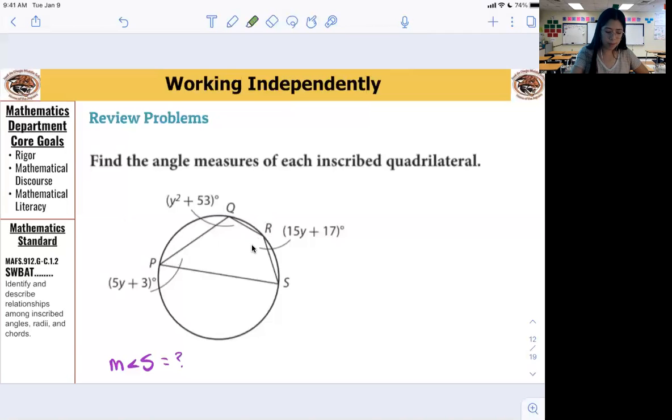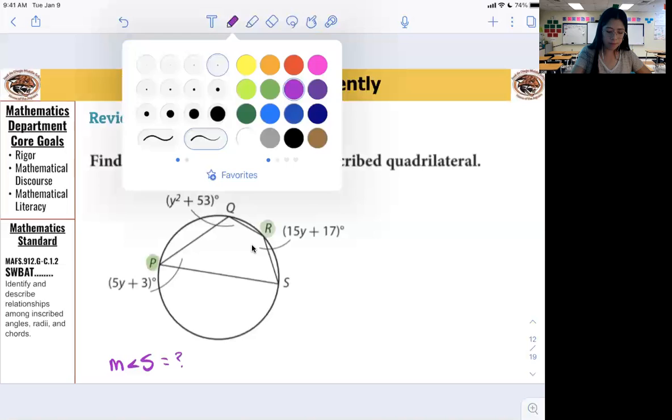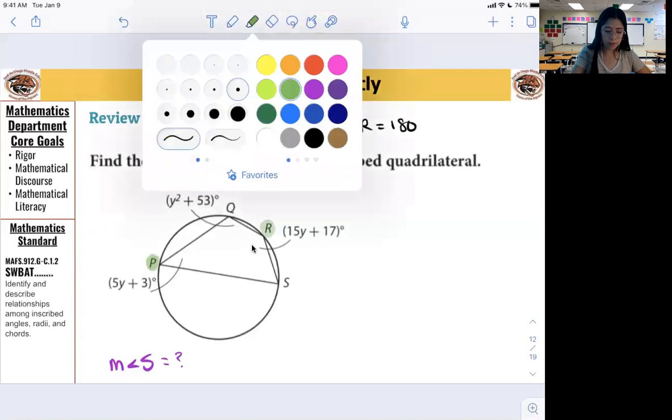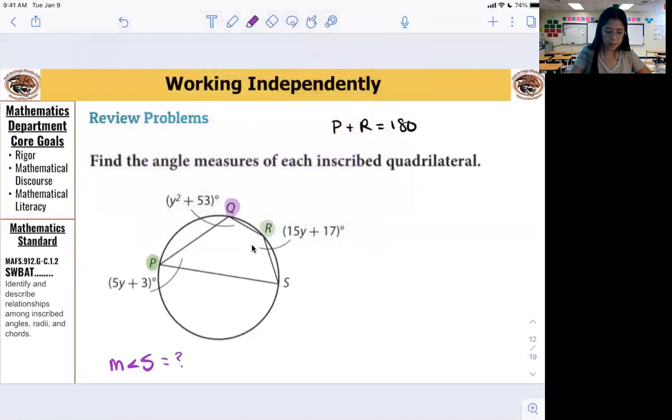Opposite angles are supplementary. So P and R equal 180, and then Q and S equal 180. So that's the first relationship you've got to remember. Opposite angles are supplementary. So I can set up an equation using this information.